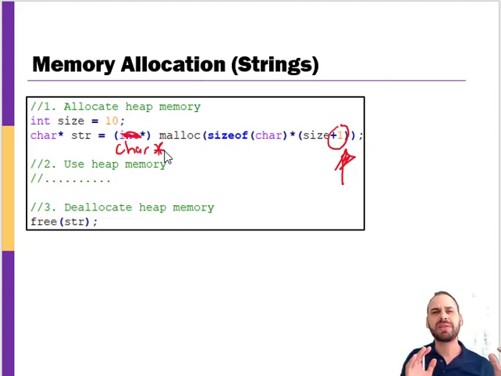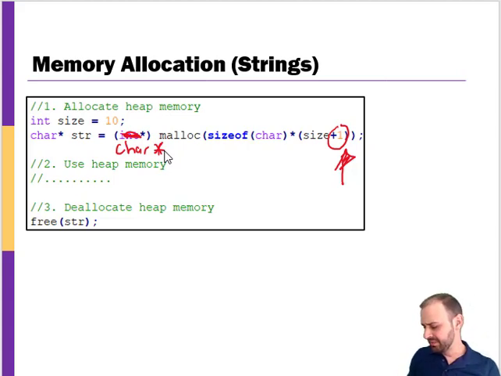So if we want to store 10 characters, make sure that you add that extra one because we need that null terminator to designate the end of the string. Just like we would need normally on the stack. There's really no difference there, but it's a very easy thing to forget. Other than that, it's going to work the same way.